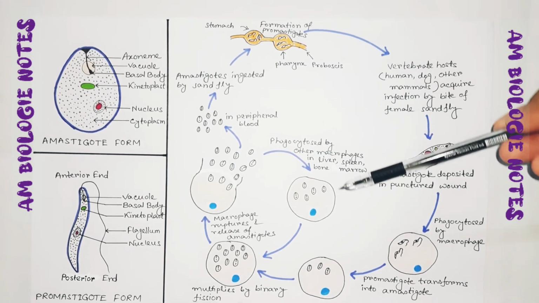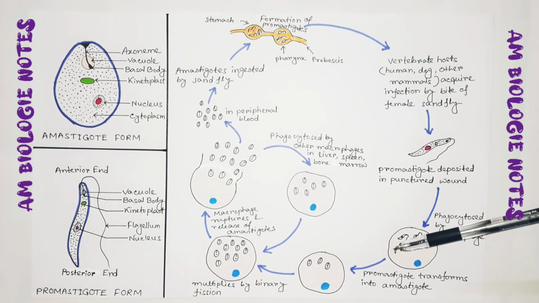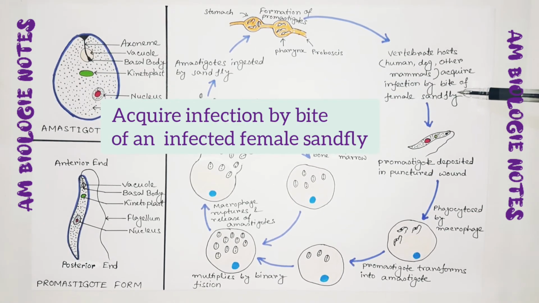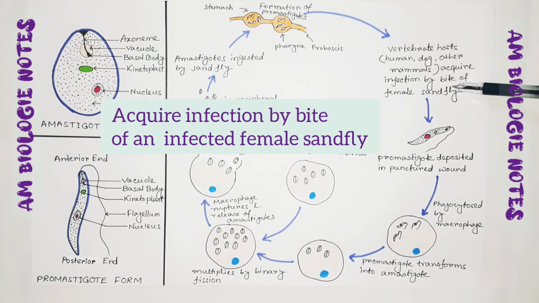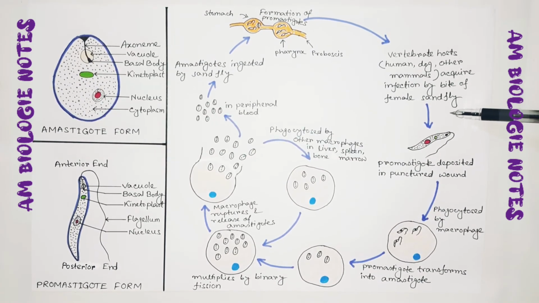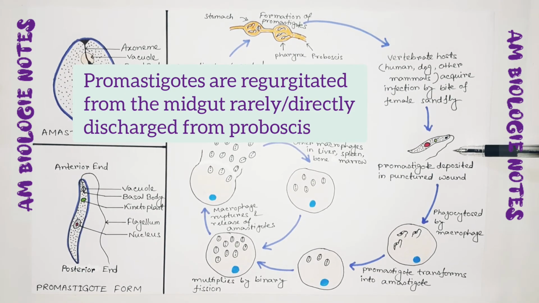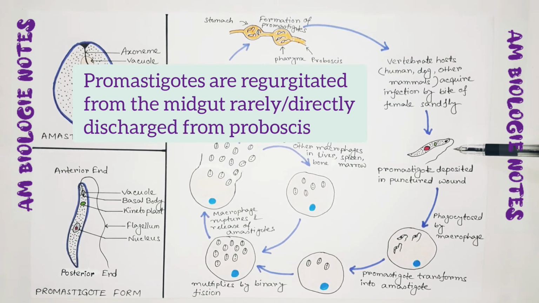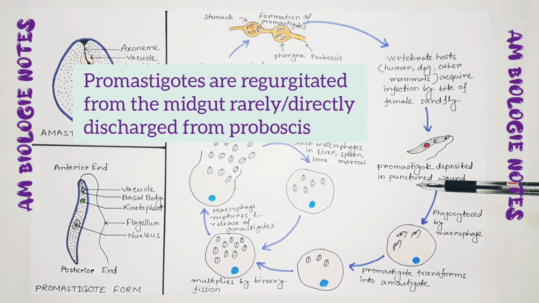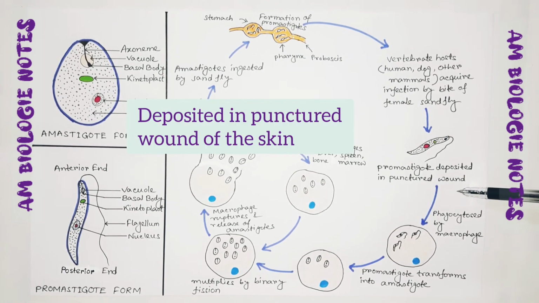In this diagram, I will discuss the life cycle of Leishmania donovani. Vertebrate hosts, including humans, acquire infection by the bite of an infected female sandfly. Promastigotes are regurgitated from the midgut or directly discharged from the foregut or proboscis and deposited in the punctured wound of the skin.